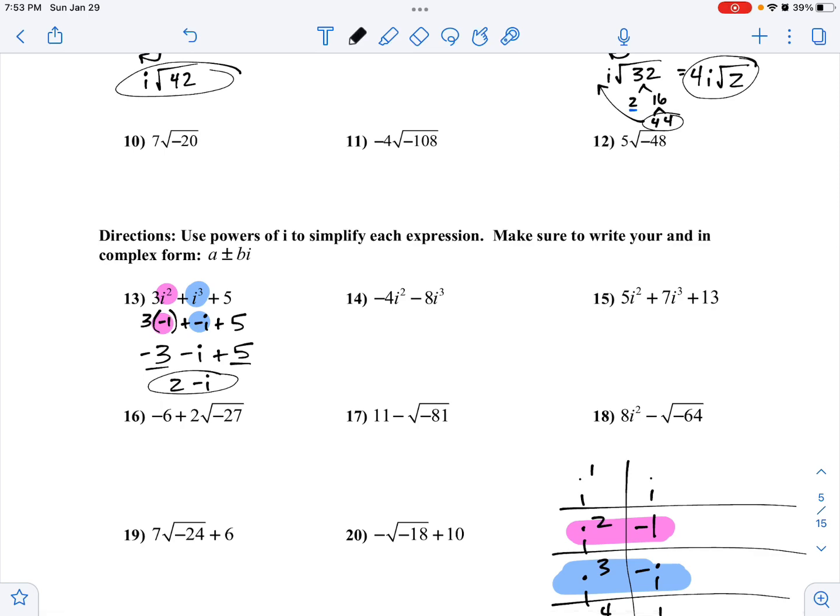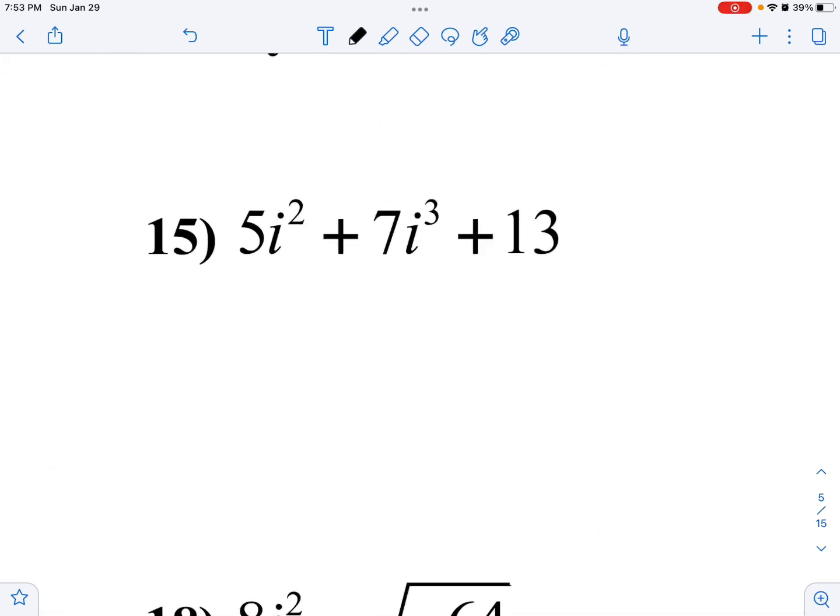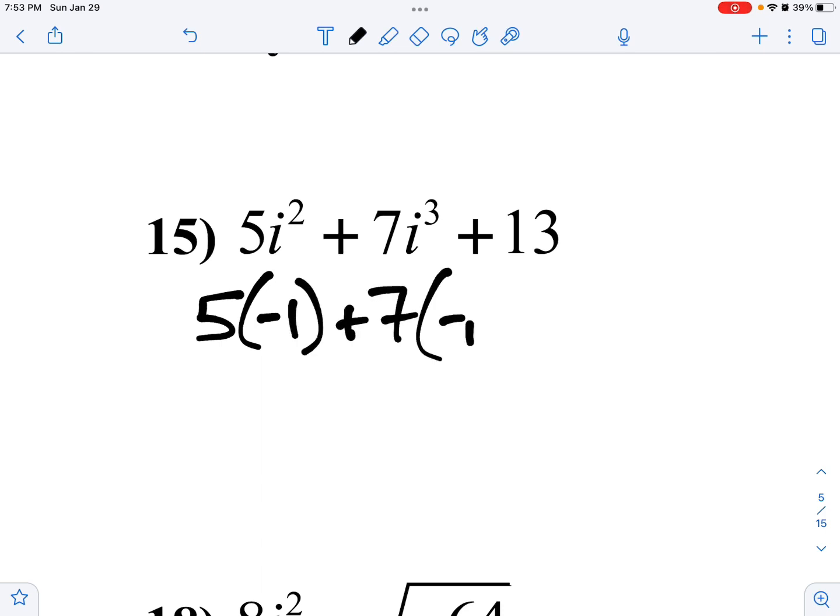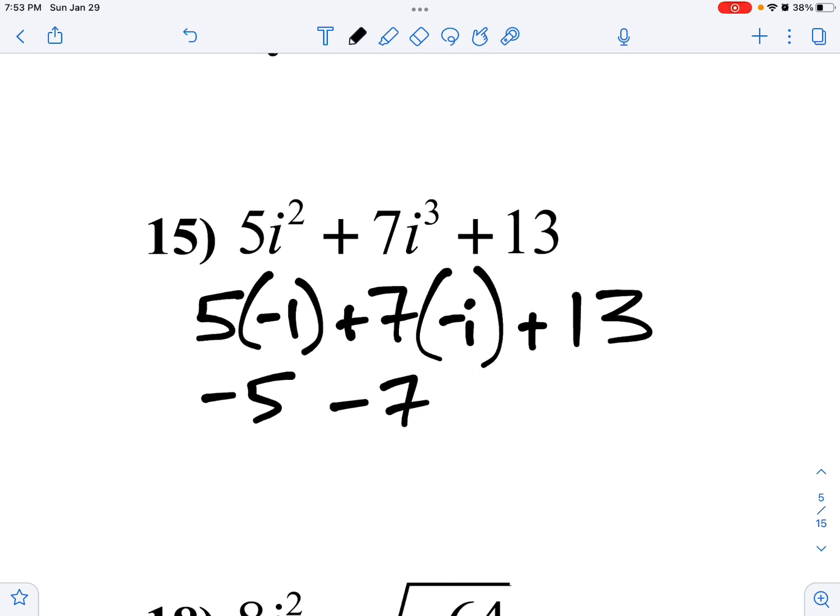So just kind of keep that in mind. Let's try another one. I see an i squared, and looking at the chart down there, I can replace it with -1. I see an i to the third, which means I can replace it with -i. And I'm just going to keep that positive 13. 5 times -1 is -5. Positive 7 times -i makes -7i, and then I still have positive 13.